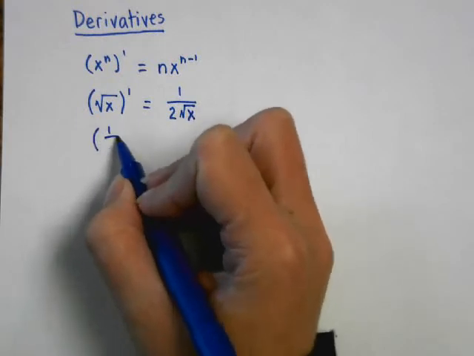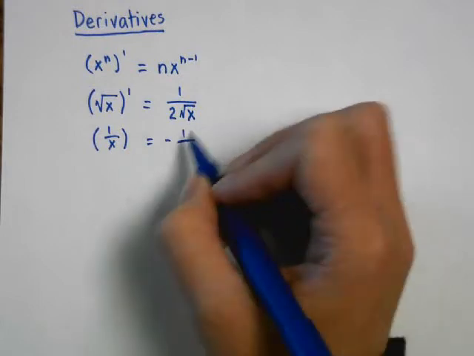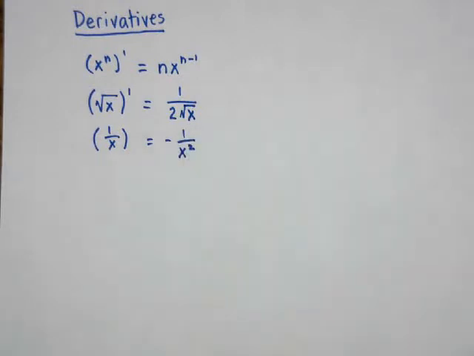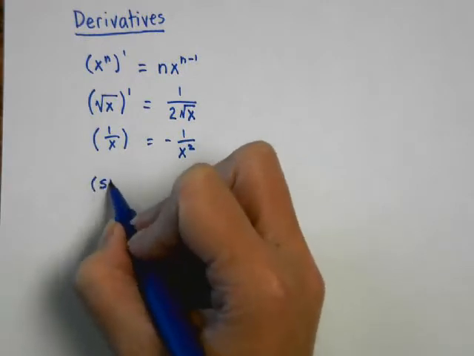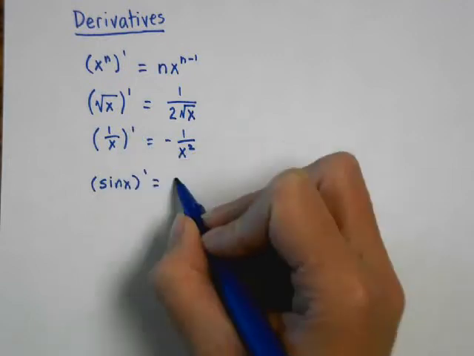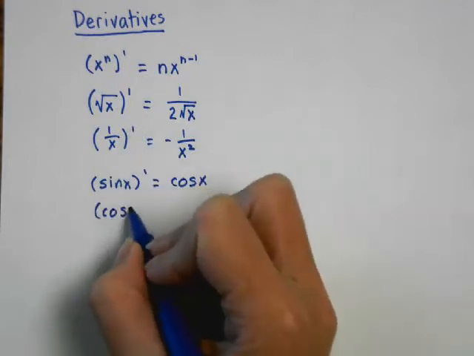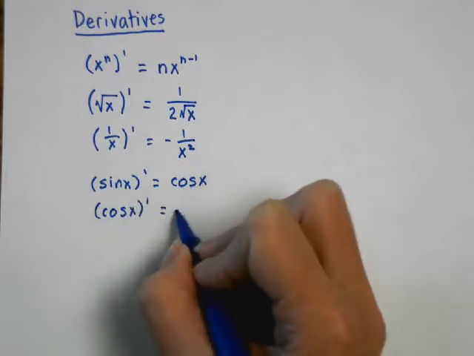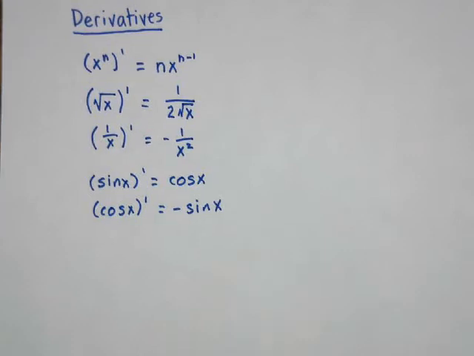If you have 1 over x, that's x to the negative 1, so you end up with negative 1 over x squared. We have the derivative of sine is cosine, and the derivative of cosine is negative sine of x.